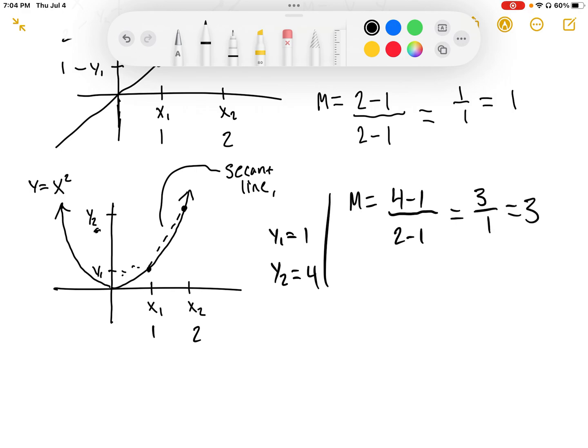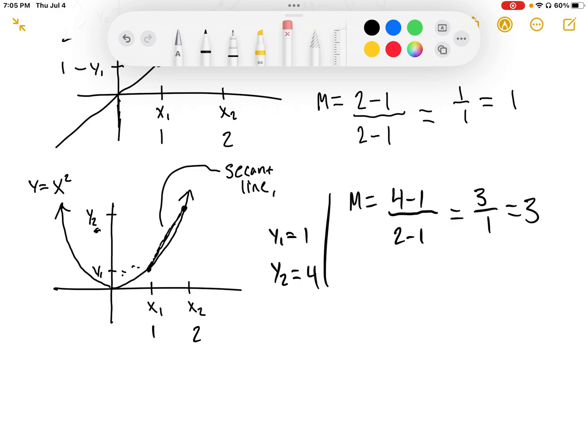So between x2 and x1, we have a slope, an average slope of 3. So it's averagely increasing by 3 between these points. But it's not a slope of 3 at either of these 2 points. This represents if we had a straight line between them, which we clearly have a curve here.